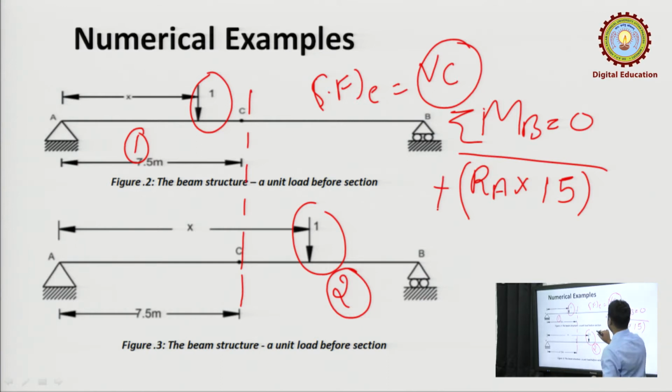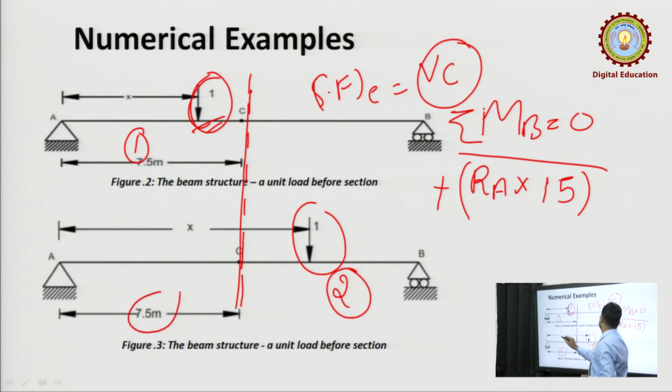Second, here is working a unit load. We don't know where the unit load is working, but in the question we have to find the shear force at point C, which is at half of the span.